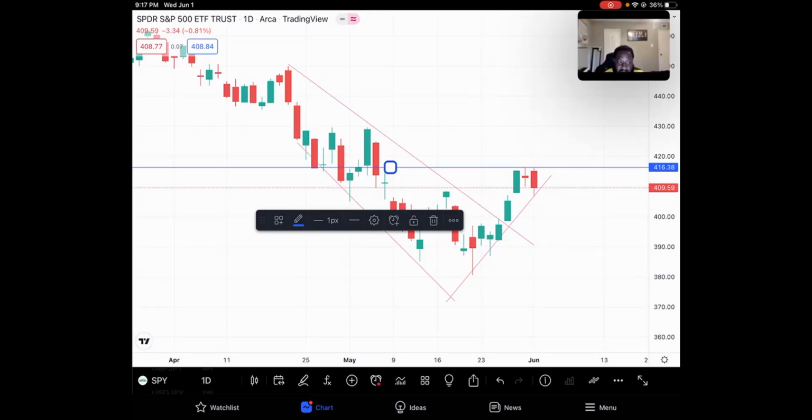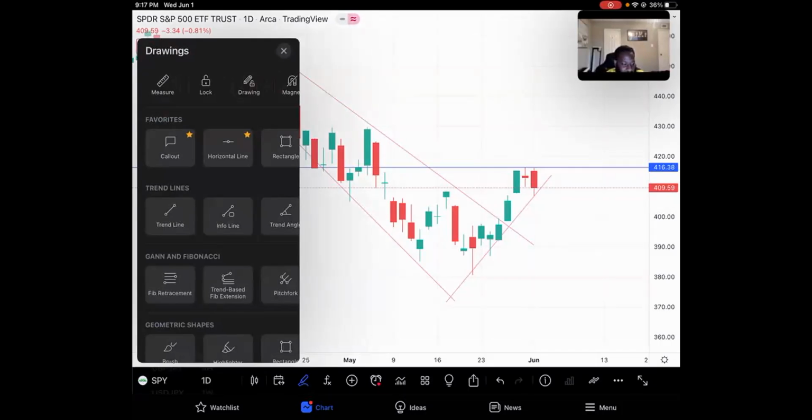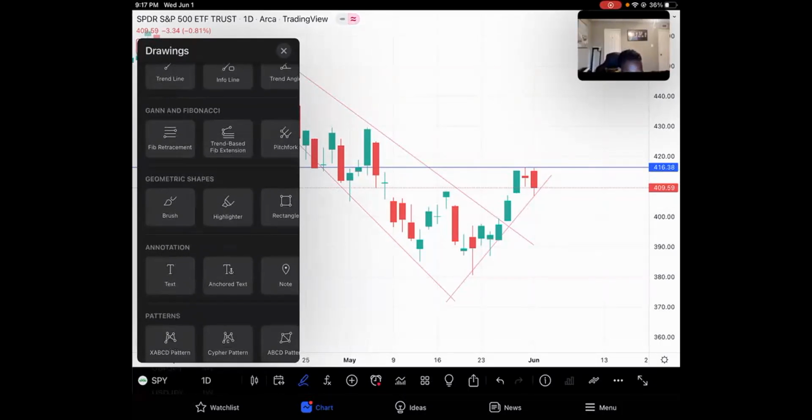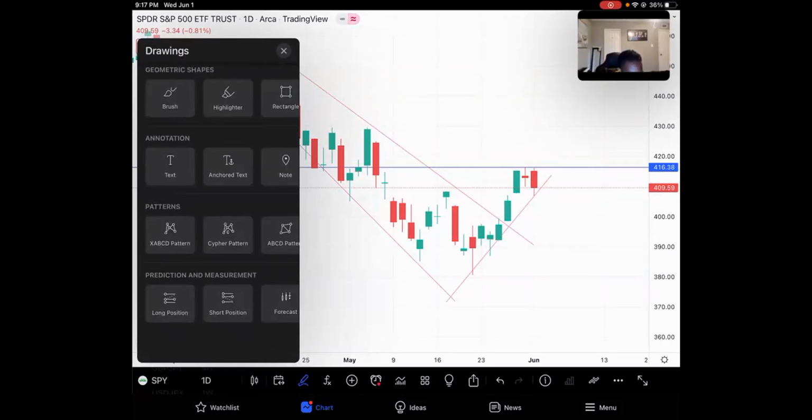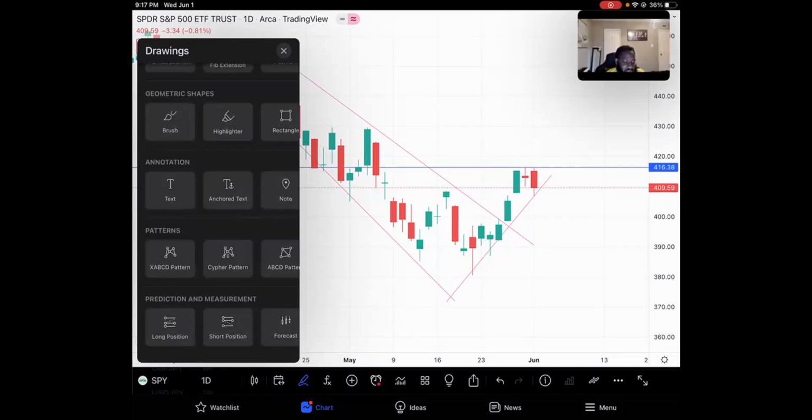Okay. All right. So you know how to put your position? I don't know on TradingView. No, I don't. So go to the pop up you had before with the drawings. Can you slide up and down on this? Notation patterns, right there: long, short position. You see where it says that?